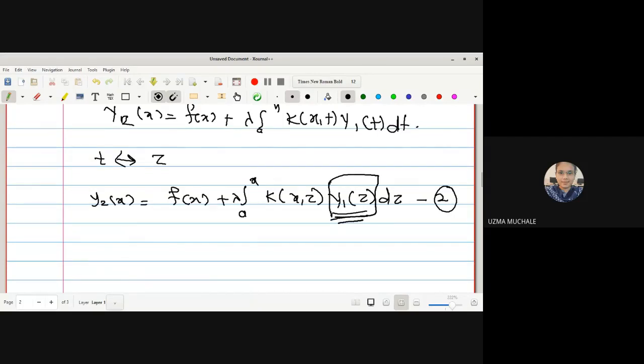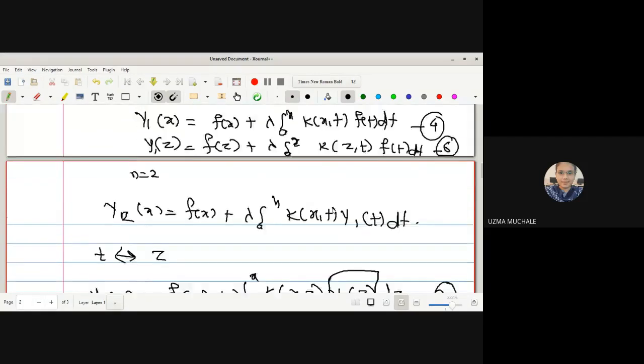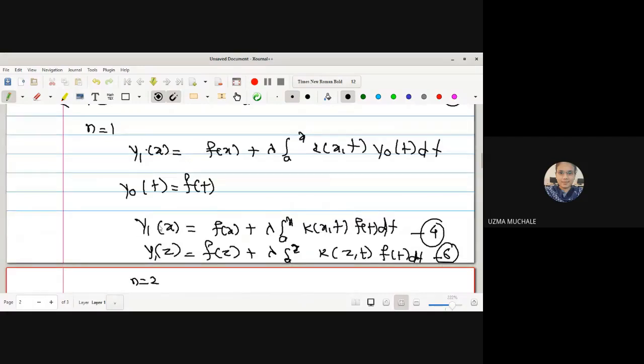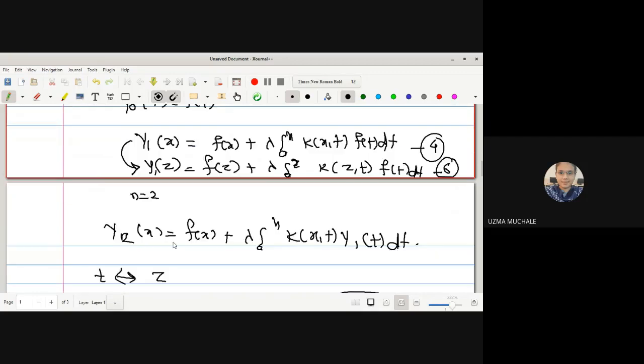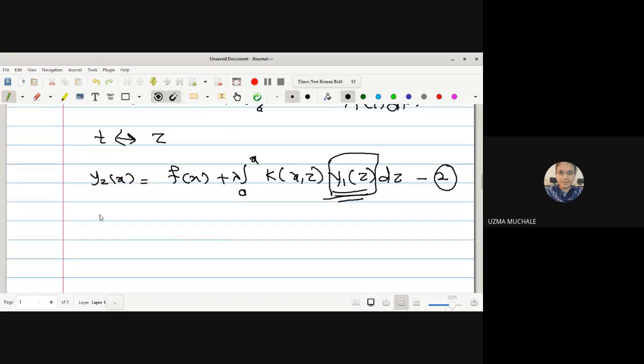To find the value of y1 of z, we have to make use of equation 4. Equation 4 is in terms of x, so that's why we have written this in terms of z, so that we can use this equation 6 in our equation 5.